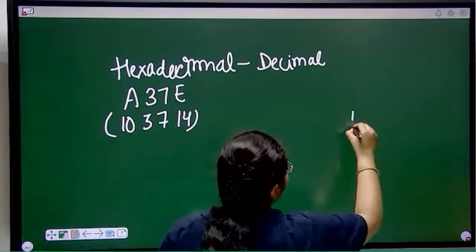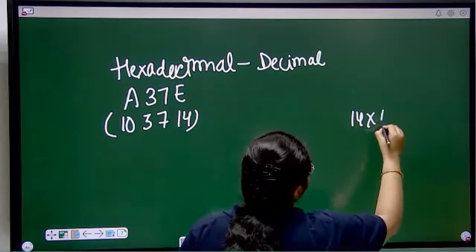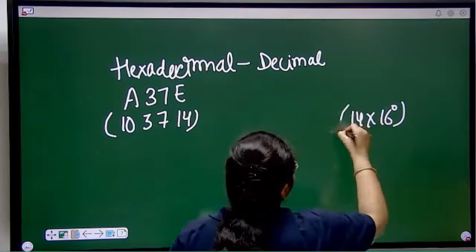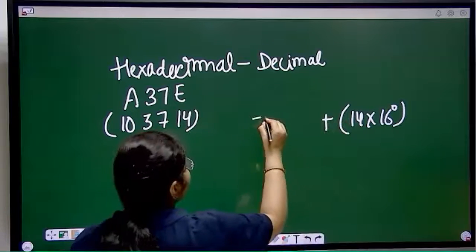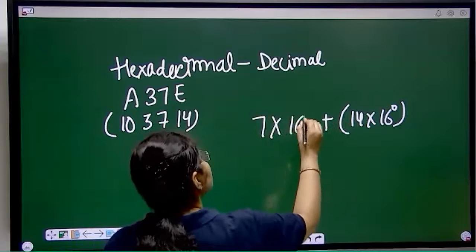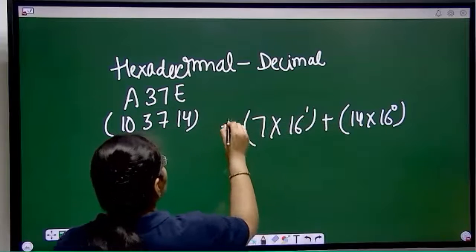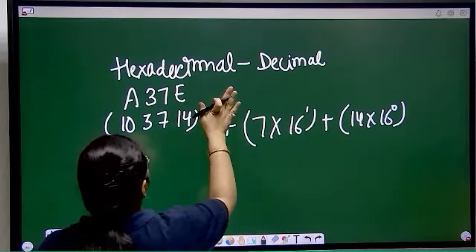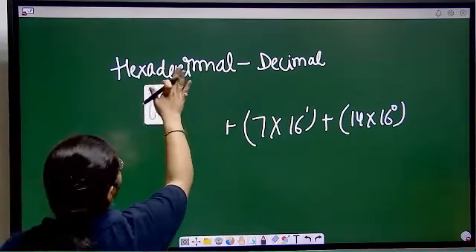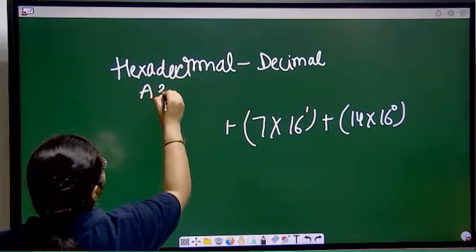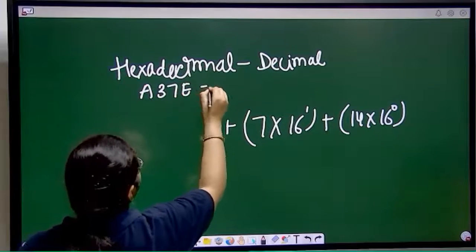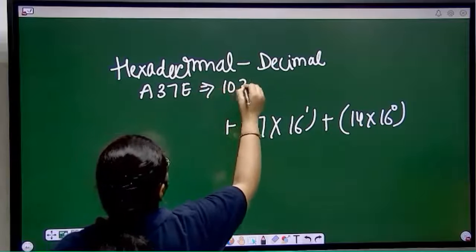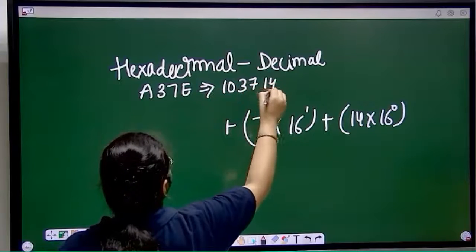So how can we do? 14 into 16 raised to power 0. Then we are having 7 into 16 raised to power 1.